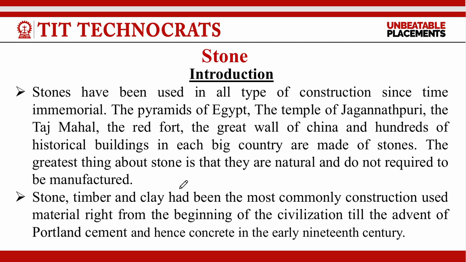The greatest thing about stone is that it occurs naturally and does not require to be manufactured. In civil engineering, the basic building materials, stone, timber, and clay, had been the most commonly used construction materials from the beginning of civilization till the advent of Portland cement and hence concrete in the early 19th century.